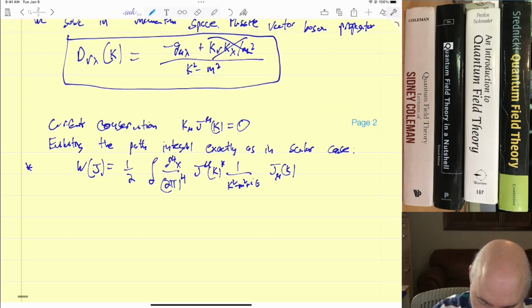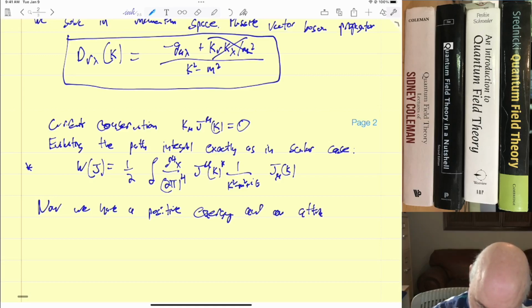So now we have a positive energy. And an attractive force between like particles.